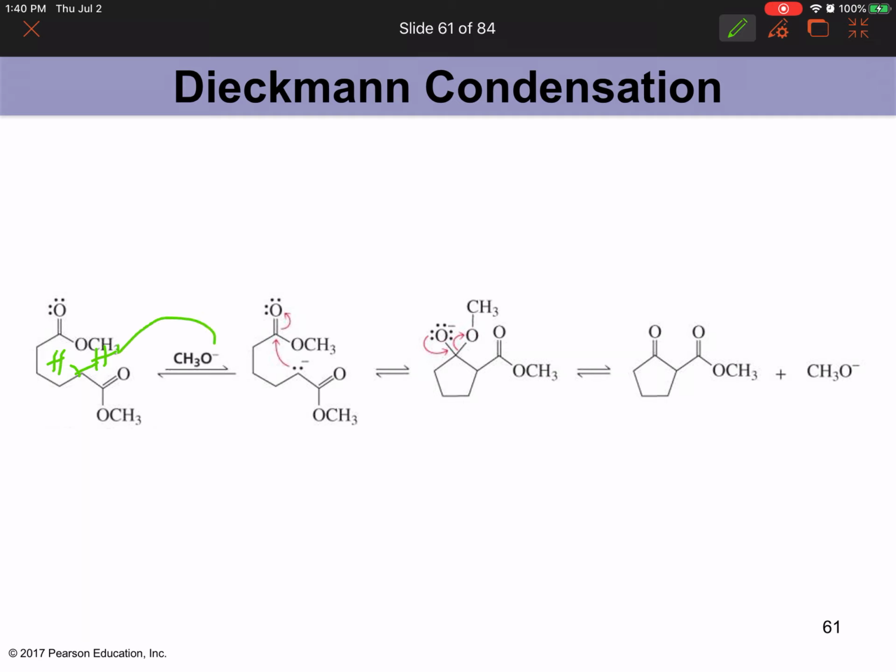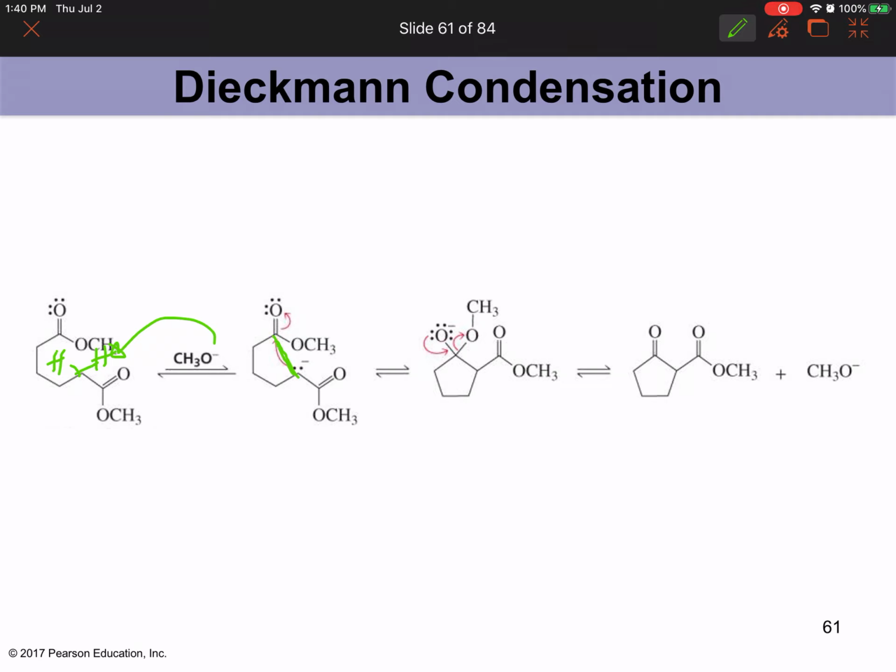Then the methoxide comes and grabs the hydrogen, forming a carbanion. The carbanion reacts with the carbonyl group of the other ester in the same molecule. And then you're going to form a bond between this carbon and the carbonyl group.